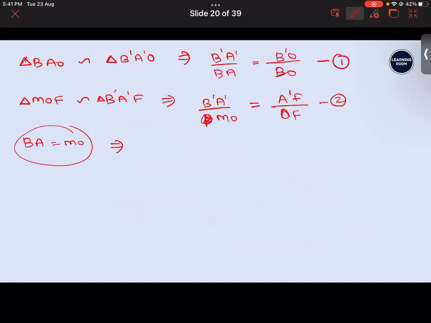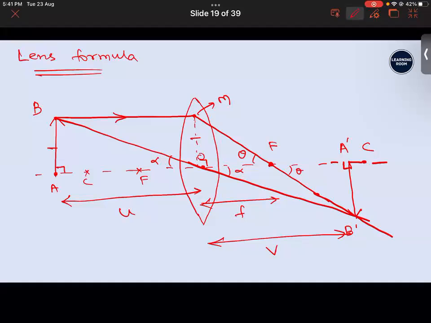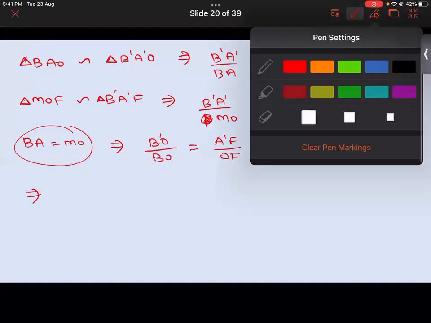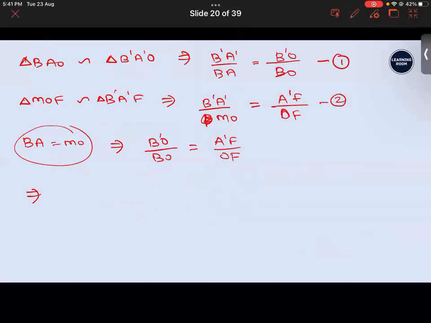So from 1 and 2, if you observe, you will have B dash O divided by BO is equal to A dash F divided by OF. One minute, wait, actually B dash O is of no use. So I can write this as A dash O divided by AO.